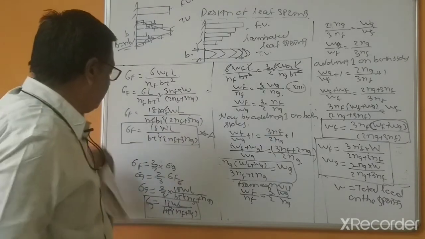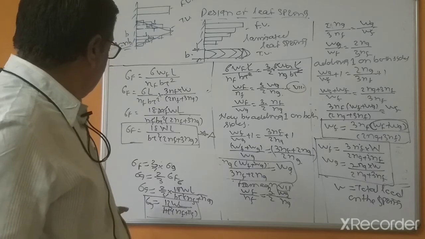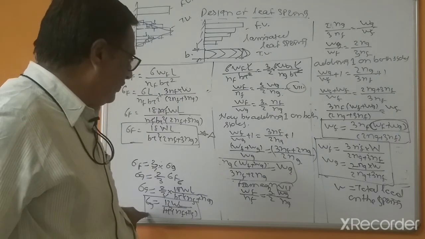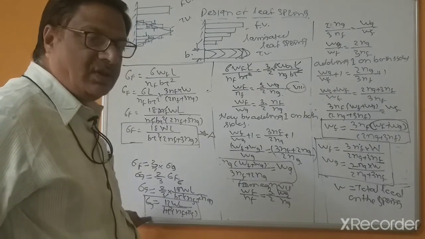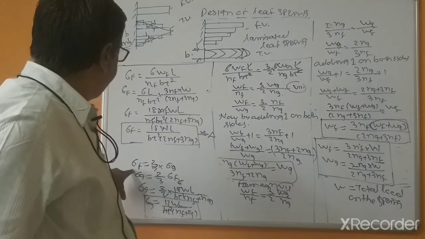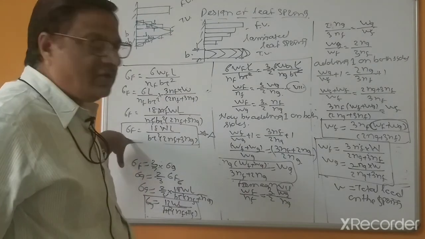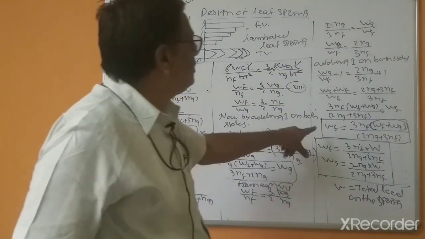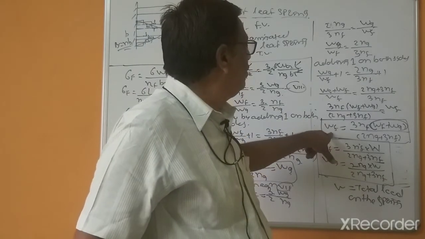So by using this formula, you can calculate how much is the stress induced in the graduated leaves, how much is the stress induced in the full leaves, and how much is the load distributed by the full leaves.